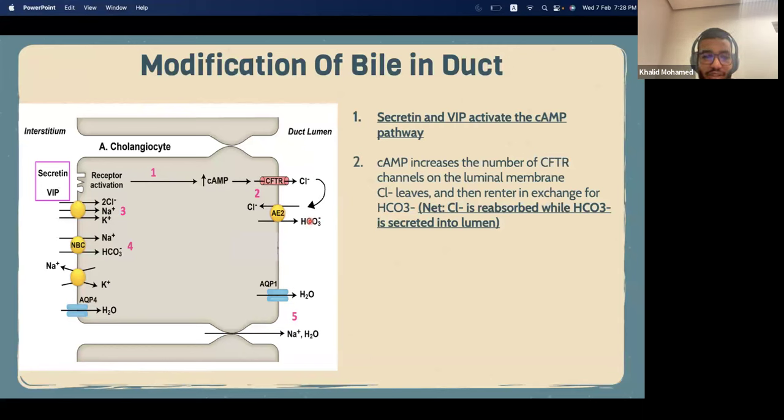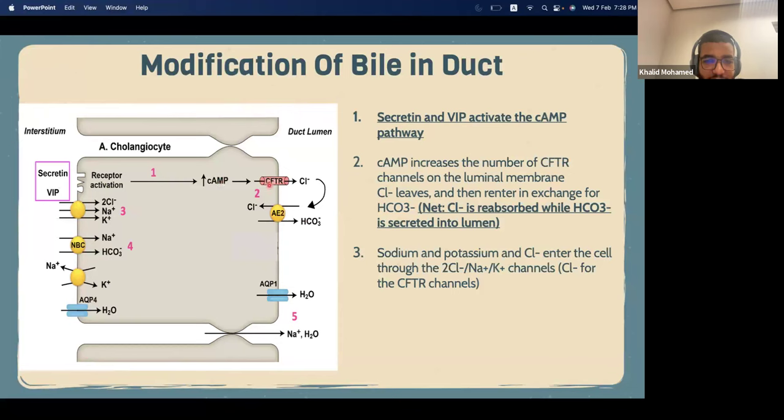This is the most important step of all of this. Now there are extra things happening in the background. Where does the supply of the Cl minus come from? If Cl minus keeps on leaving from the CFTR and then coming back, some of it obviously will stay outside. We need a constant supply of Cl minus, and this comes from the interstitium, from the basolateral side.